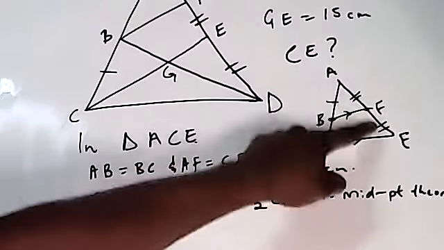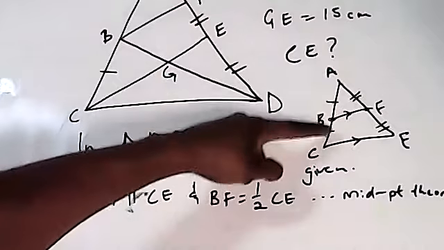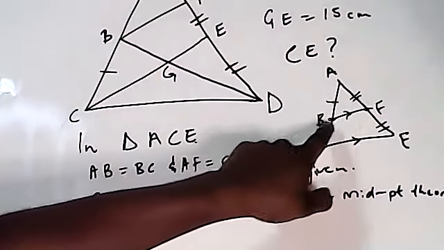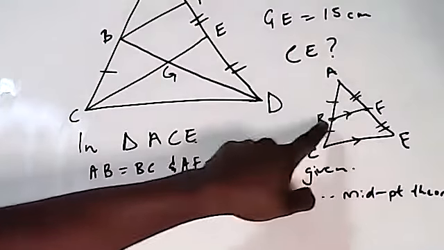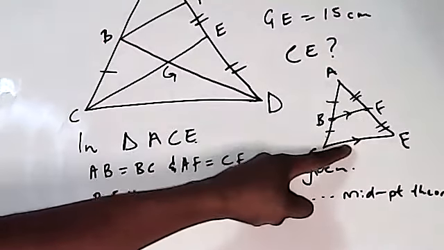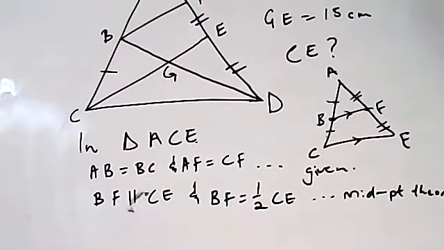So if those two are equal, we know that this point is the midpoint, meaning the point that is cutting it in half. Mid means middle. So the middle point is dividing these two into equal halves. And the line that connects those midpoints definitely has to be parallel to this one. Why? The midpoint theorem states so.